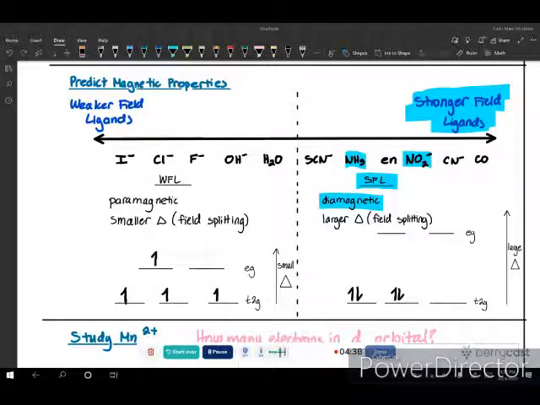And that demonstrates what the larger delta, or the larger crystal field splitting, is, because it takes more energy to send an electron up to the eg level than it does for it to be paired up with another electron.